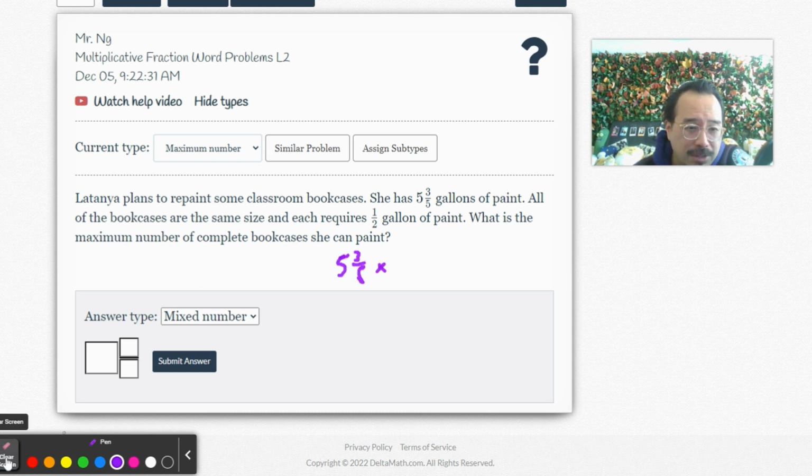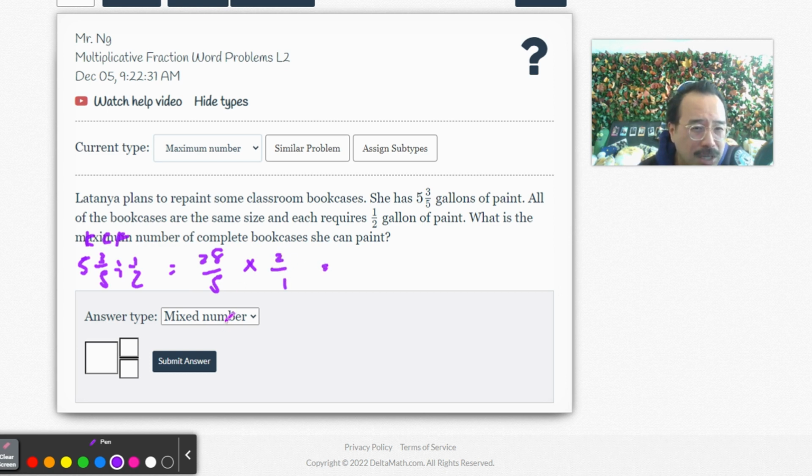So we got 5 3/5 divided by 1/2. Let's convert that to an improper fraction: 28 over 5 times 2 over 1. Nothing to cross cancel, so I just gotta multiply 28 by 2.